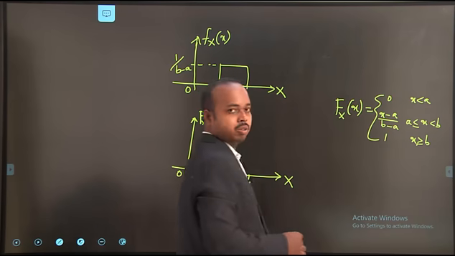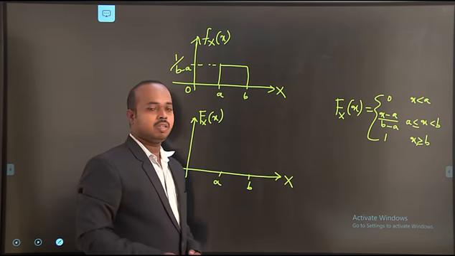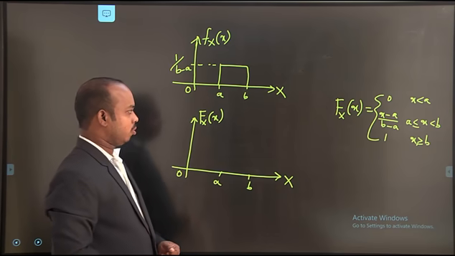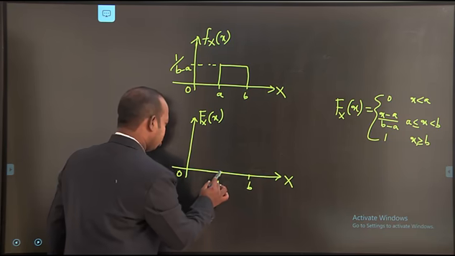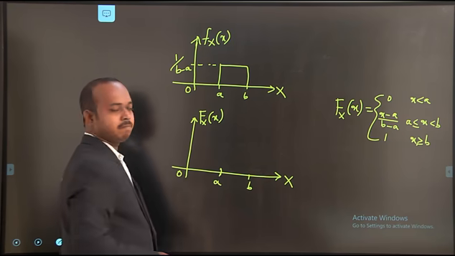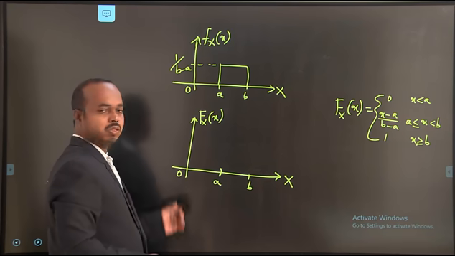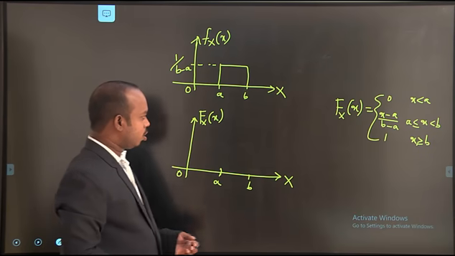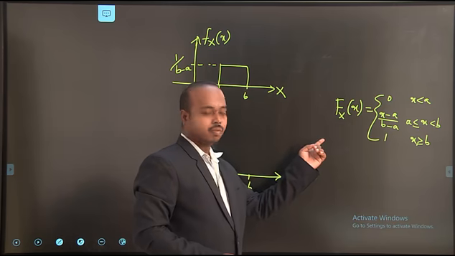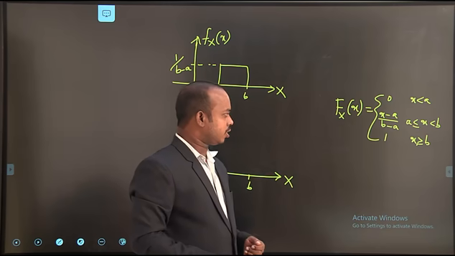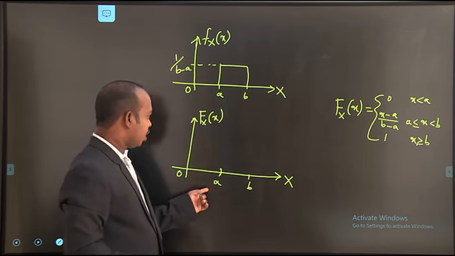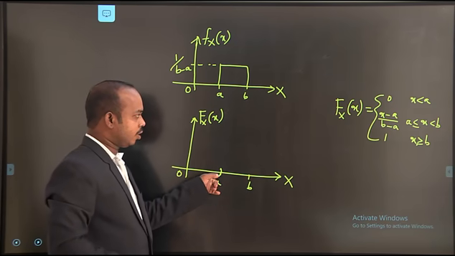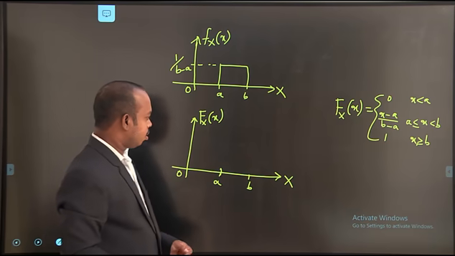We represent this function in the graph. The first quantity is 0 below a. Coming to the next one, x minus a divided by b minus a within the range a less than or equal to x less than b.